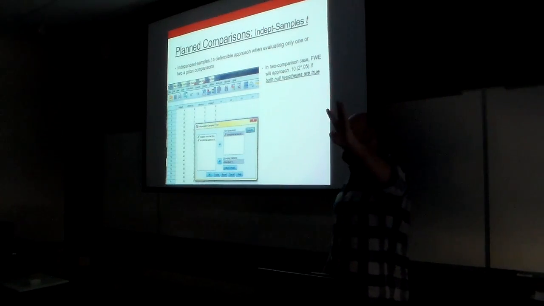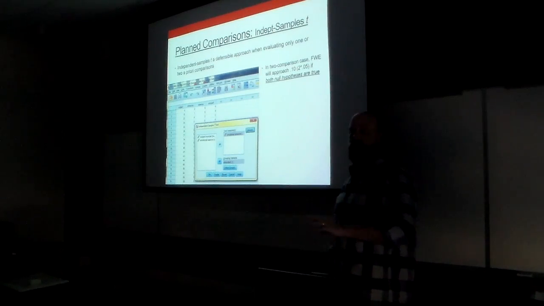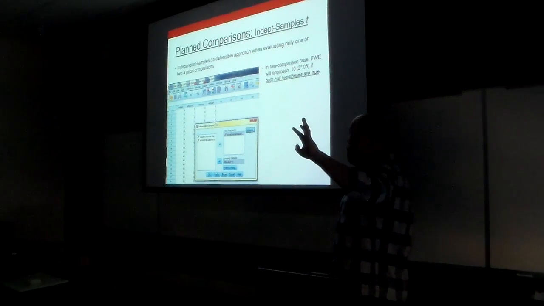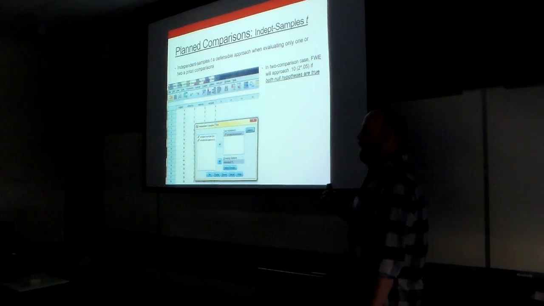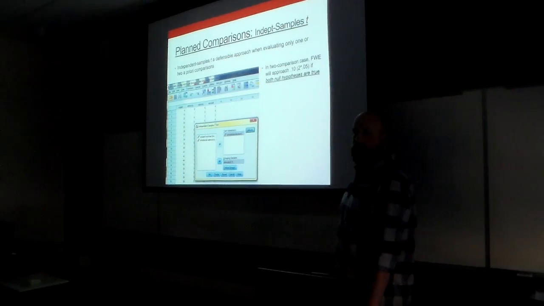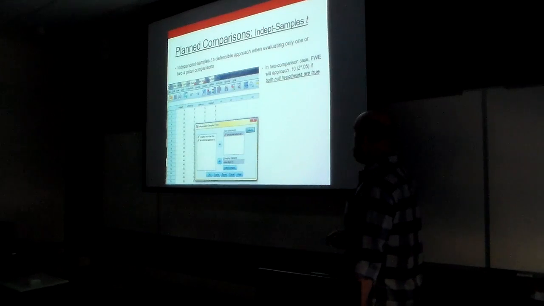Now I've got 4 levels to ethnicity. When I hit define groups, I can go in there and say I specifically want to look at groups coded 0 and 1, okay? So even though you have a categorical factor with multiple levels in your t-test, you just tell it which levels you want to compare, okay?